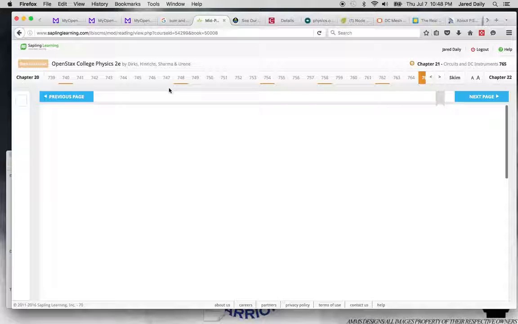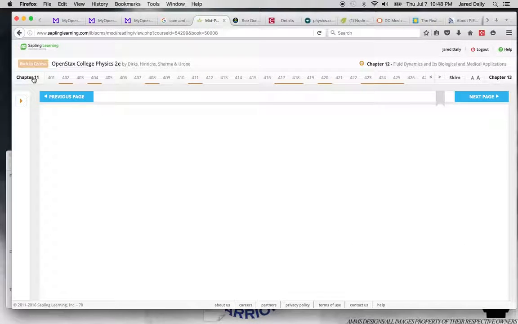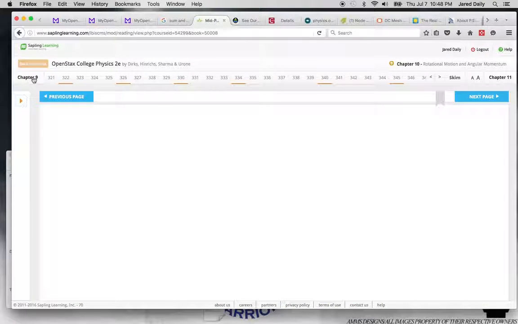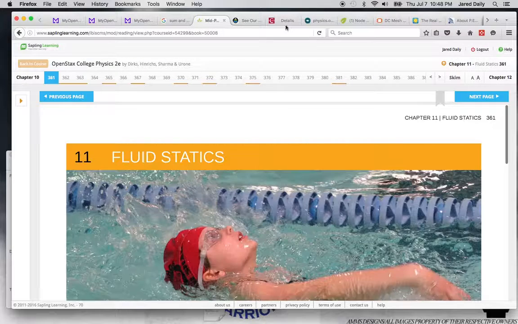I'm in definitely the wrong place here, but let's go back a few chapters. Okay, so we did rotational motion, angular momentum already.